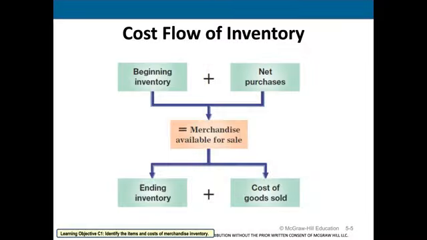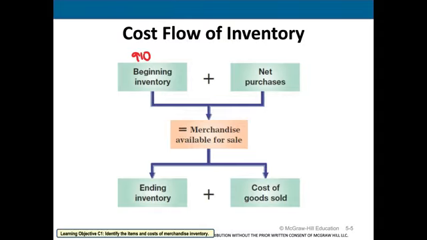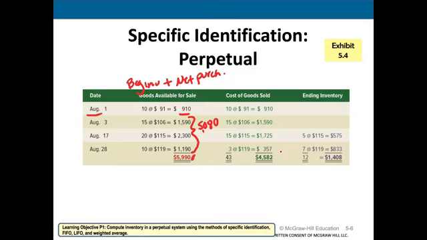I'm going to take the purchases they made throughout the month, and that's $5,080. So our total cost of goods available for sale is $5,990.